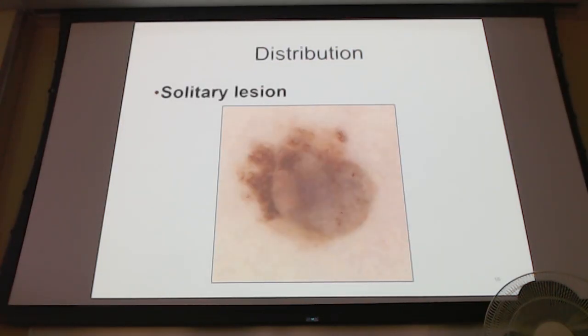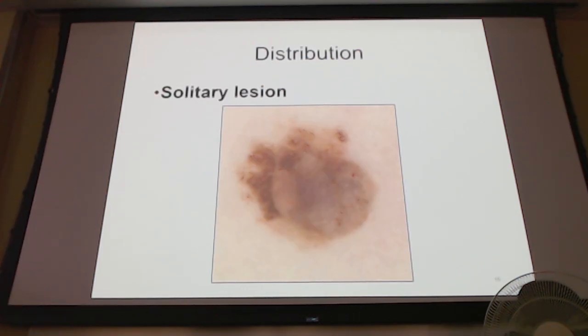Distribution-wise, solitary lesion, okay? That one, yeah, we're thinking referral to derm, because that could be some type of cancerous melanoma because of the color changes, the size, it's not symmetrical, that kind of stuff. But again, that's a solitary lesion, that's only there.